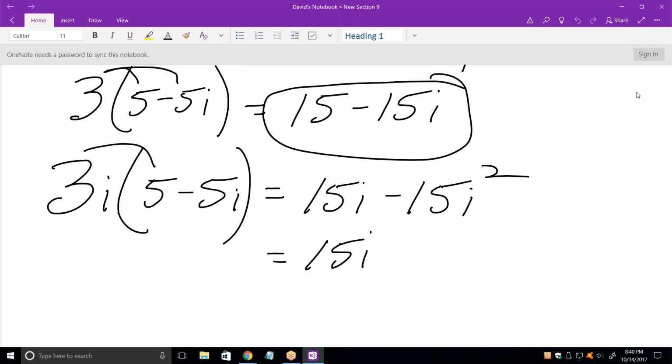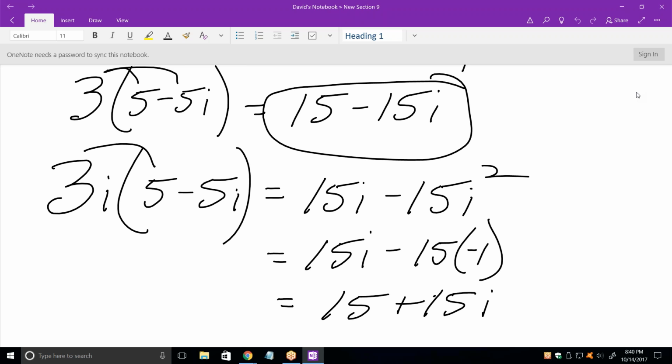Okay, the i squared is negative 1, right? Negative 1. Okay. So a negative times a negative is a positive. So that puts the A part as positive 15, plus 15i. So we have 15 plus 15i.